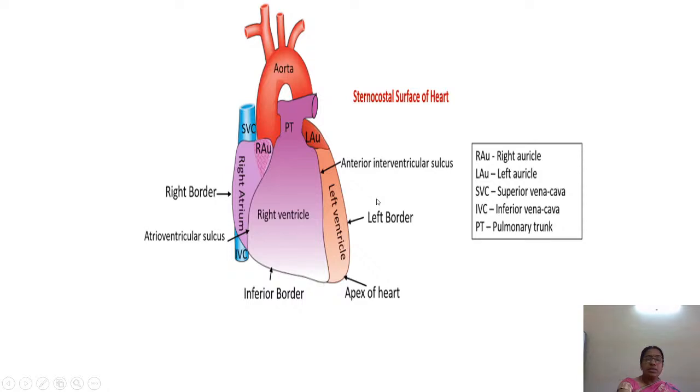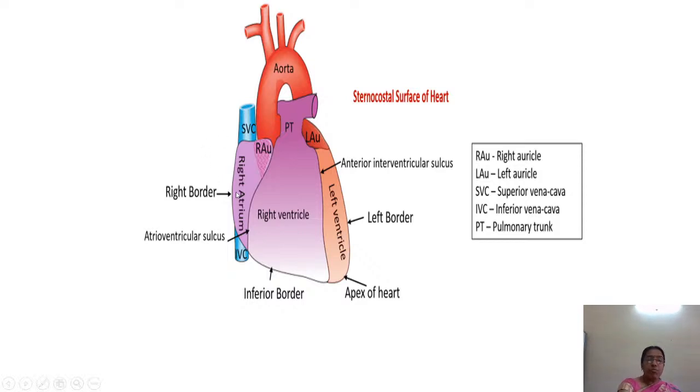Coming to the borders, this is the right border, this is the inferior border, the border on the left side is the left border, and this is the superior border. In these external features, what is the location of the right atrium?